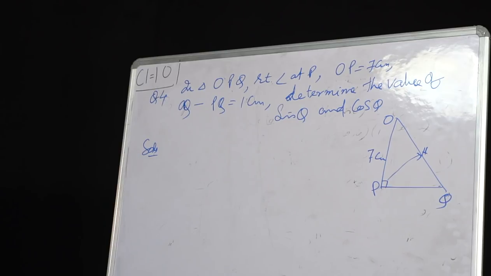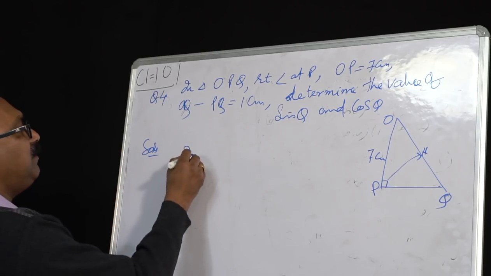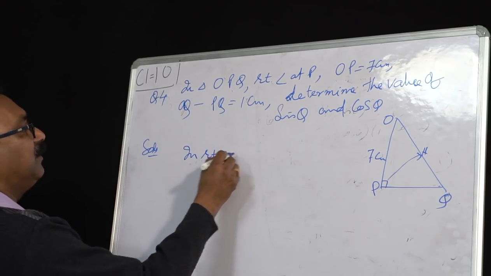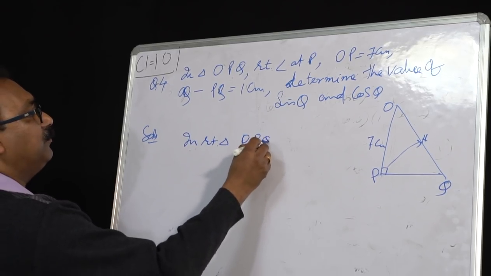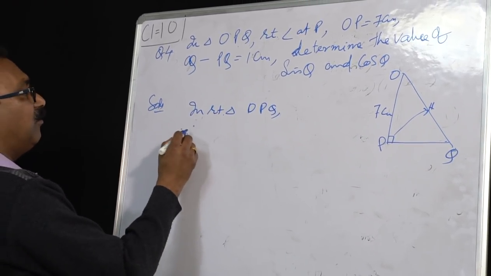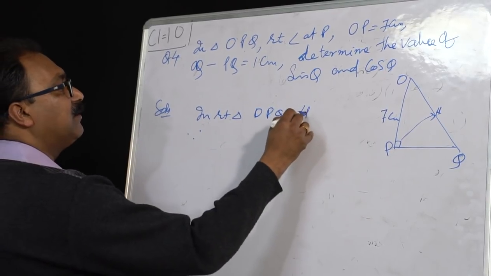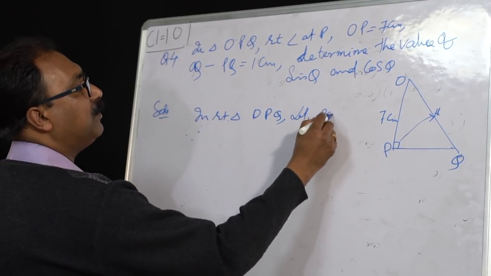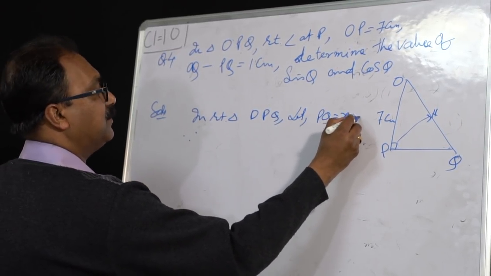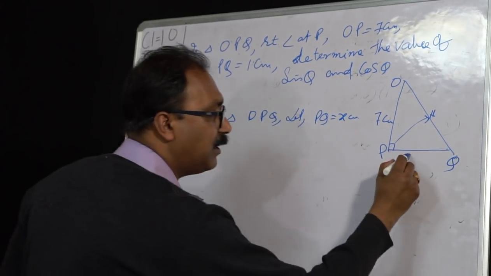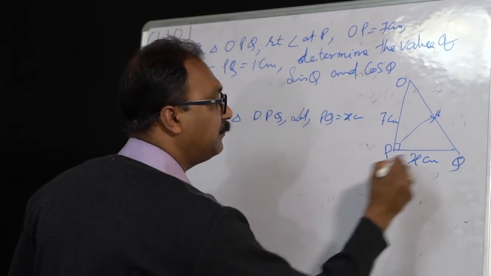So any one of the values you have to consider as some different constant term in order to find this. Okay. So we can write here in right triangle OPQ, let PQ equal to x centimeter. This we consider x centimeter. Clear?